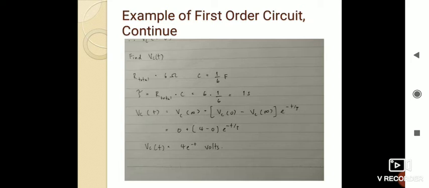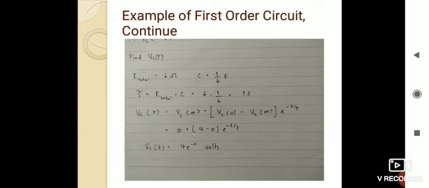Now we have to use what we got to calculate VC(t). The equation for VC(t) is VC at t equals infinity plus VC(0) minus VC at infinity, and all of that multiplied by e to the power of minus t over tau. After we plug everything in, we will get 0 plus, by the way, VC at t infinity is equal to 0, keep that in mind.